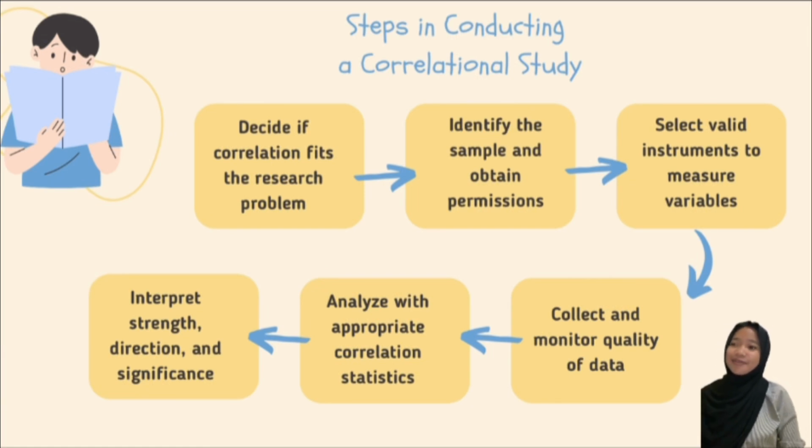Fourth, collect data carefully and check for any errors or inconsistencies. Fifth, analyze the data using statistical tools like Pearson r. And last but not least, interpret the results, looking at both the direction, positive or negative, and the strength, weak, moderate, or strong, of the relationship.